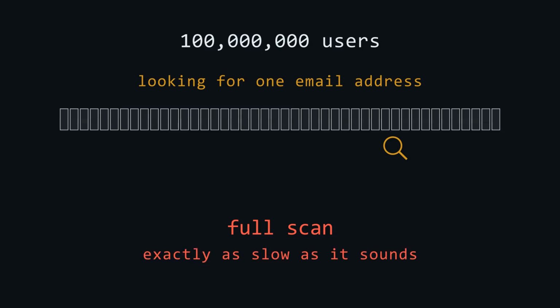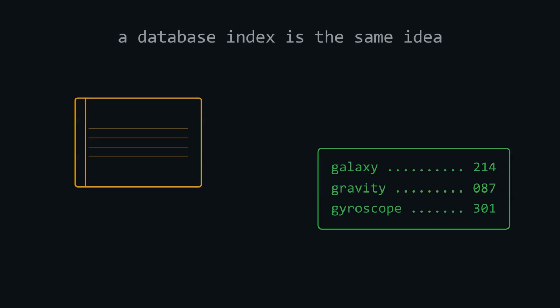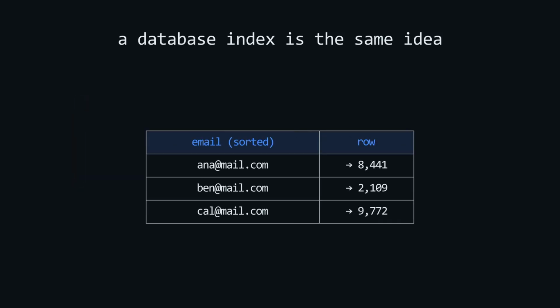Now, think about a book. If you want every page that mentions gravity, you don't read the whole book. You flip to the index at the back where every important word is listed alphabetically with its page number. A database index is the same idea. You tell the database, keep a sorted list of every email address alongside where that row lives.